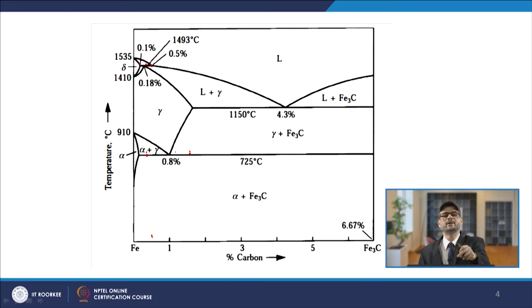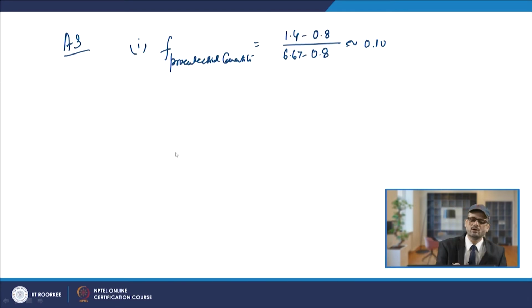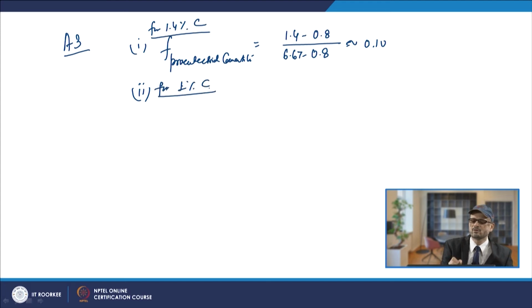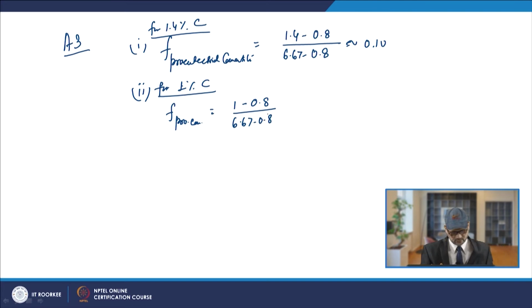So, for 1% carbon, F pro-eutectoid cementite will be 1 minus 0.8 divided by 6.67 minus 0.8. It will be coming close to 3.4%. If you do the calculation, you will get this value of 3.4%.